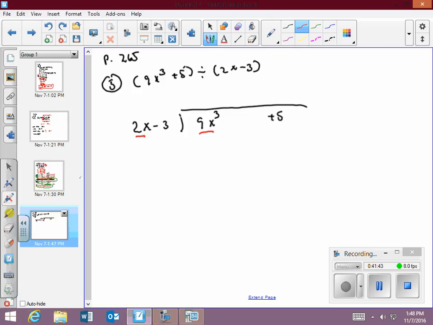Nine halves x squared, is that right? Because x times x squared gives x cubed, and 9 halves times 2, the 2's cancel out and I have 9. And minus 3 times 9 halves is 27 halves x squared.